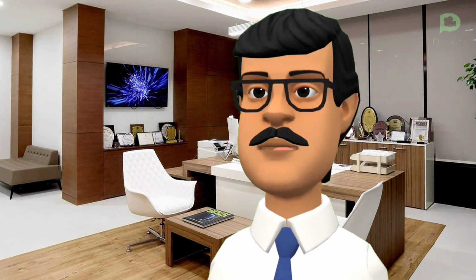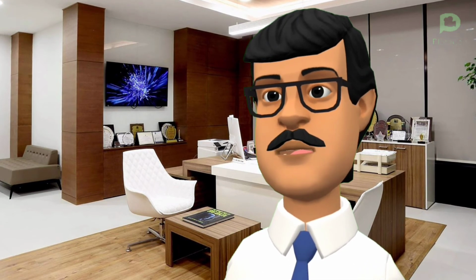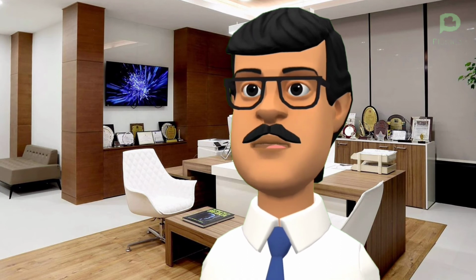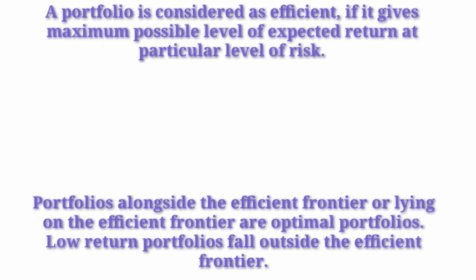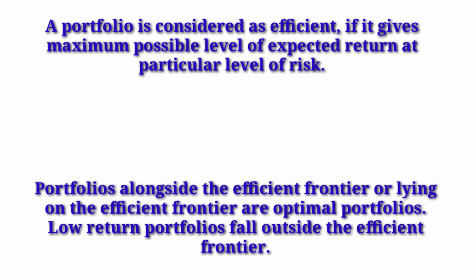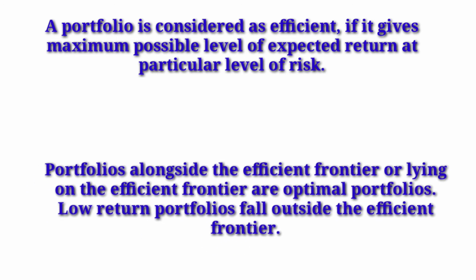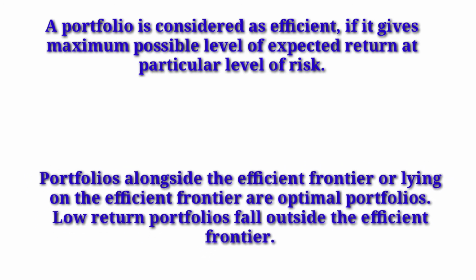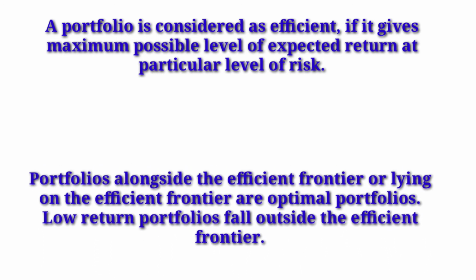A portfolio is considered as efficient if it gives the maximum possible level of expected return at a particular level of risk. The risk is represented by the standard deviation of return of the portfolio. The efficient frontier is the top boundary of the upward sloped curve of the graph.